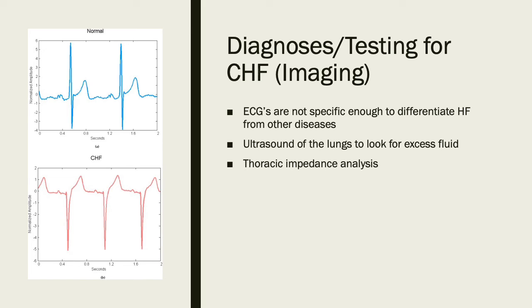So it's going to test the amount of conductance through the entire chest cavity. Higher conductance means there's going to be higher fluid content. And again, this is able to test through places that an ultrasound might not be able to look as well, just to get that enhanced justification as to whether CHF is happening or not.